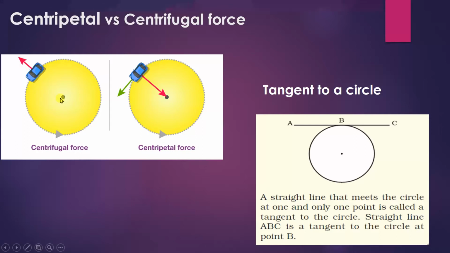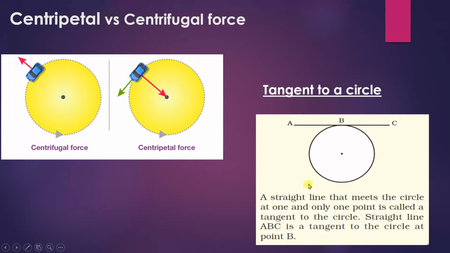It makes the object move away from the center, and the combination of these two forces helps the object move in a circular path. And you have heard about the meaning of the term tangent. When the object is moving in a circle, if the centripetal force is removed, then where will the object move? It will move along a tangent.